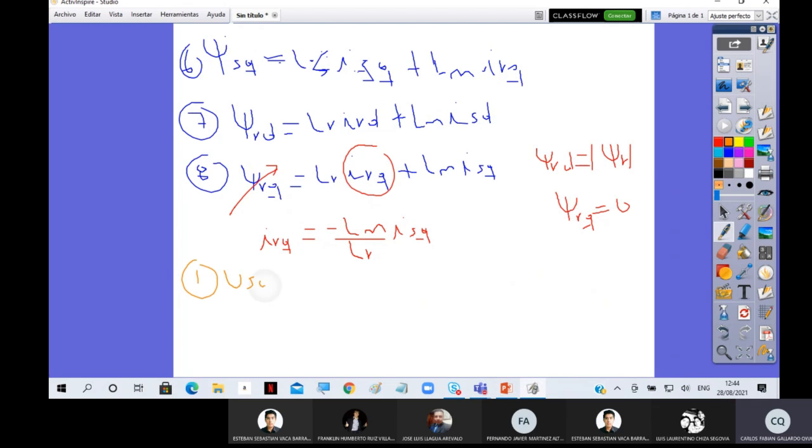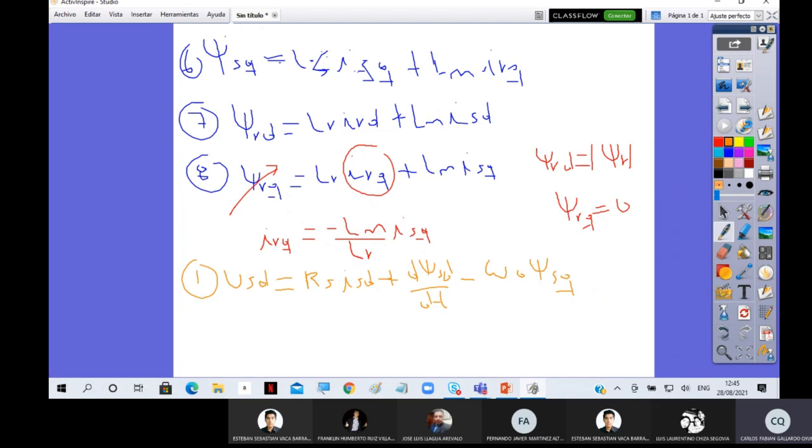This is the stator voltage on the d-axis, equal to the stator resistance times the stator current on the d-axis, plus the derivative of the stator flux on the d-axis with respect to time. This is equation number 1, minus the speed times the stator flux on Q-axis. So I will work on my first equation.